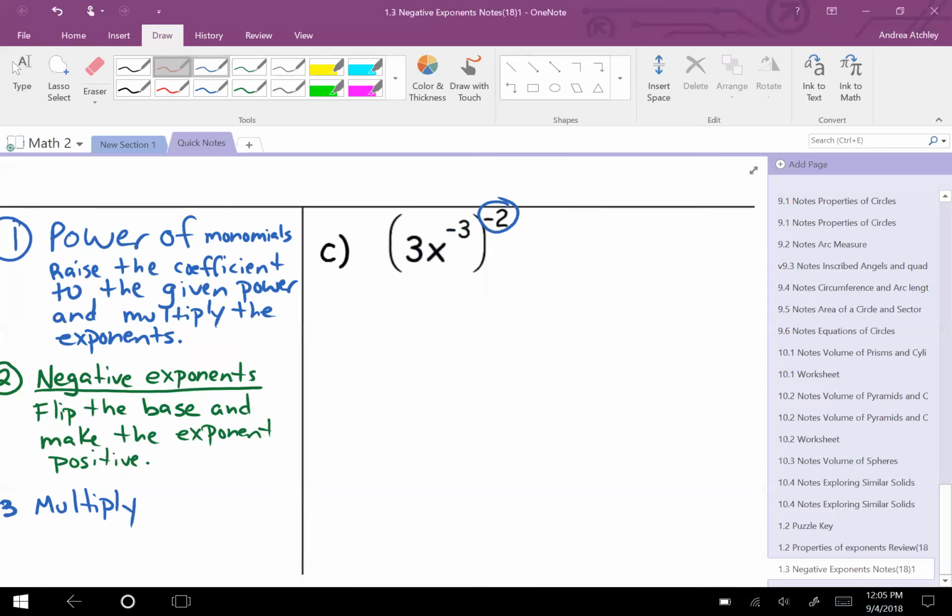That's negative first, right? So we want to flip it first. Since my outside exponent is negative, we're going to flip it. So this is going to be 1 over 3x to the negative 3 and then squared. Any questions over that?